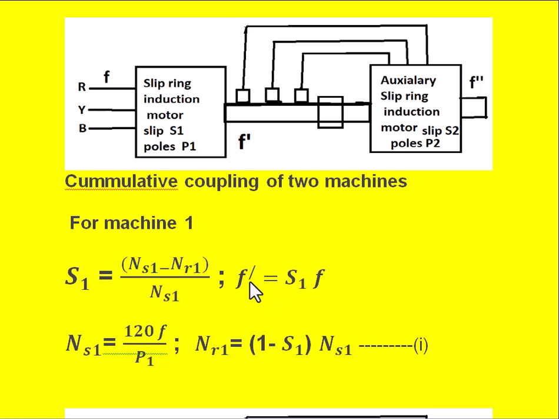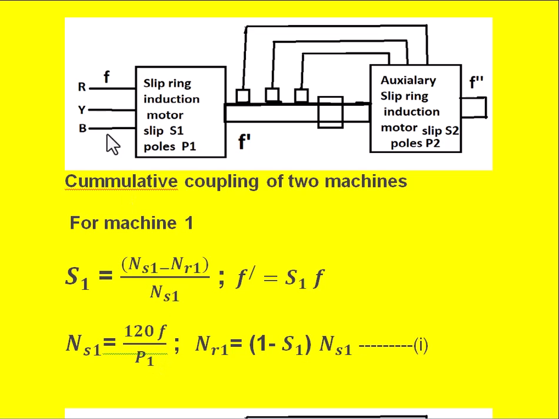F dash is the rotor EMF frequency of motor 1, and it is related with the slip S1 and supply frequency like this: F dash is equal to S1 into F. Similarly, the synchronous speed of machine 1 can be written as NS1 is equal to 120F divided by P1.